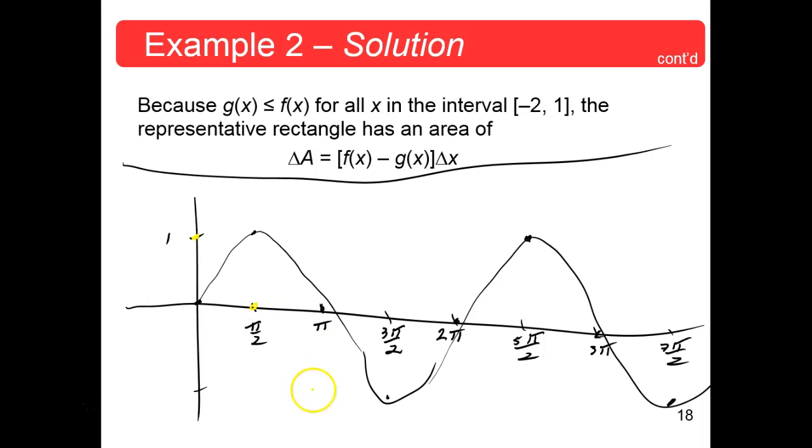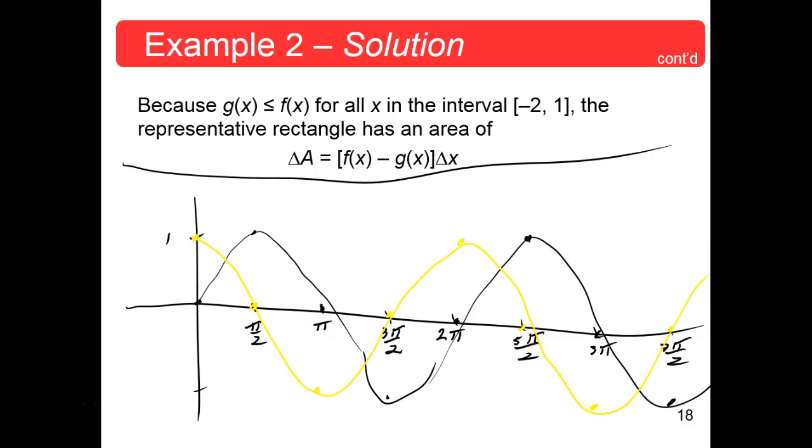It'll be what? Negative 1. 0. 1. 0. Negative 1. 0. Okay? So the cosine function does something like this. I told you it'd be hard to see.